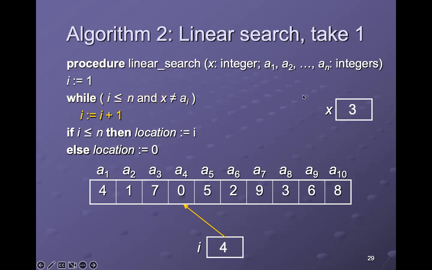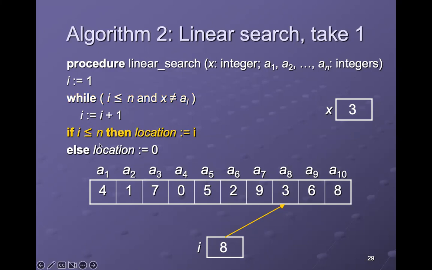So we move on, and we will continue doing so until we reach a sub 8, or i equals 8, wherein at this part we find that the number in this location is equal to the number that we are looking for. Okay, and so then the loop will terminate.